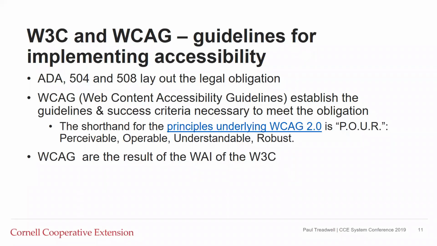WCAG establishes the guidelines and success criteria, so that's how we can measure our progress forward. The shorthand for the principles underlying WCAG 2.0, which was the current version, but now we're at 2.1, same principles, is POUR: perceivable, operable, understandable, and robust. The Web Content Accessibility Guidelines are the result of the Web Accessibility Initiative of the World Wide Web Consortium.